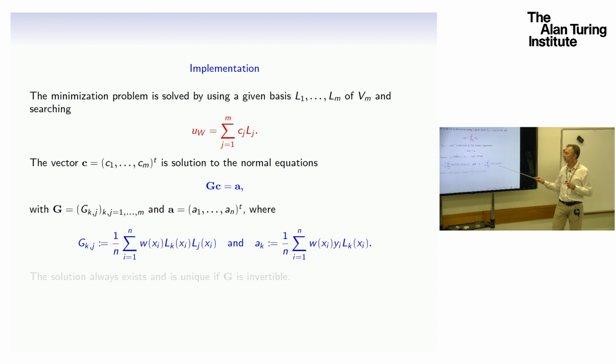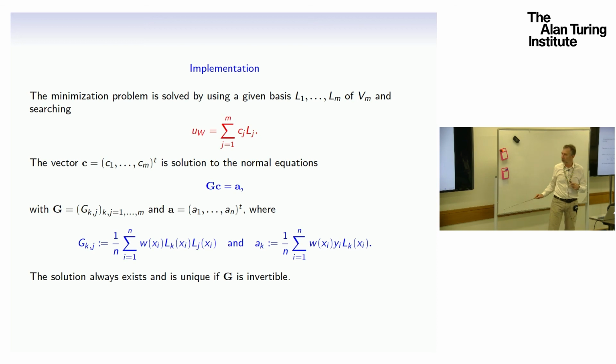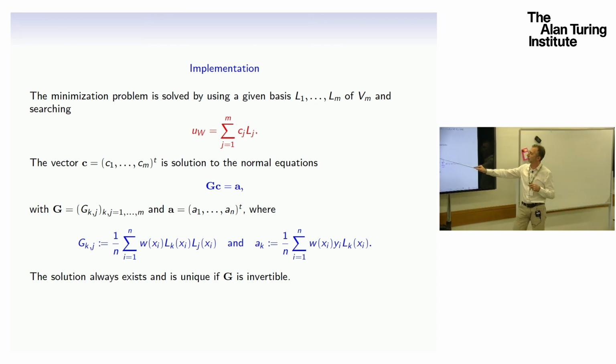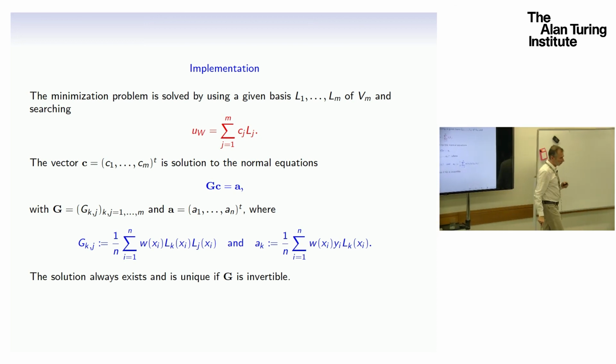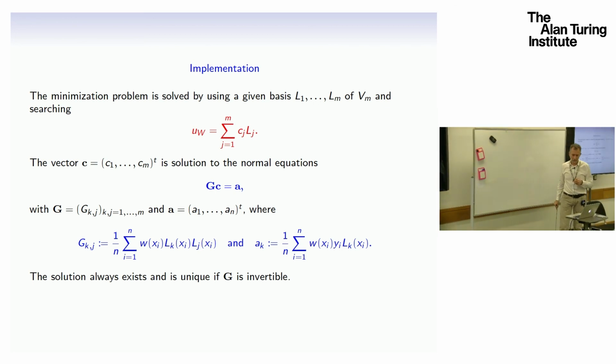And the right-hand side is given by this. So in fact, you have a Gramian of the basis in terms of the empirical norm, in terms of this discrete norm. And here you have the right-hand side. Okay? You know that the solution always exists, but it's going to be unique in the case where this matrix is invertible, and we will discuss this shortly.